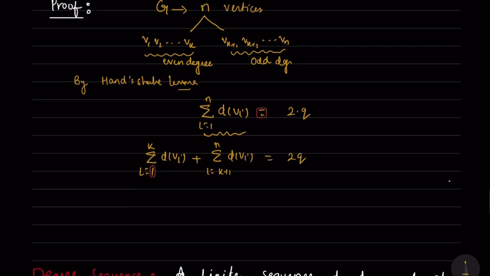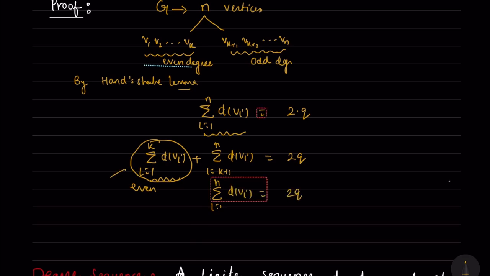So here we can say that this is the sum of even degree vertices, so that part will always be an even number. So we can say from here that the sum of the degrees of the odd vertices equals 2q minus p, if we call this number small p, and p is an even number.